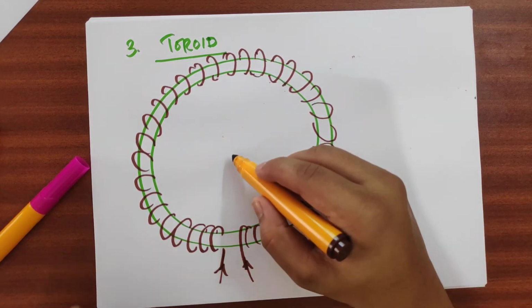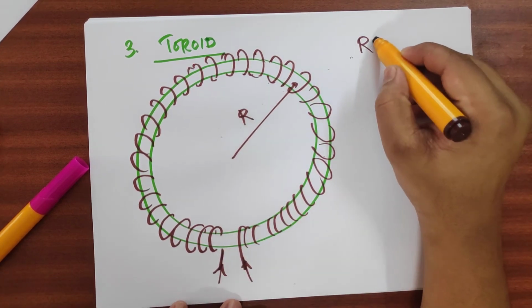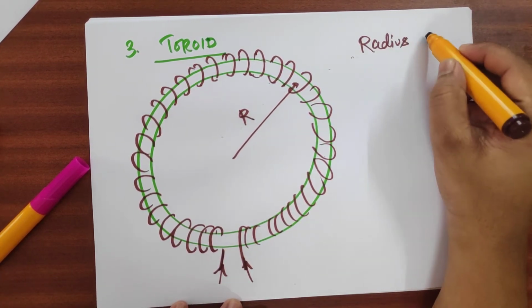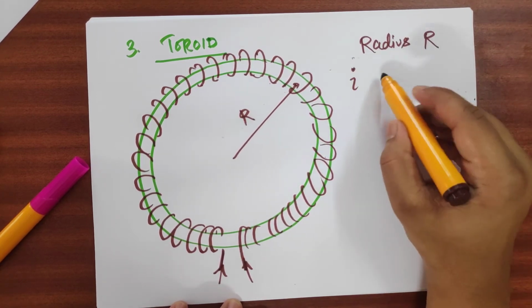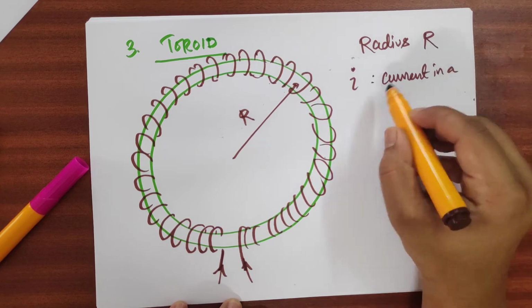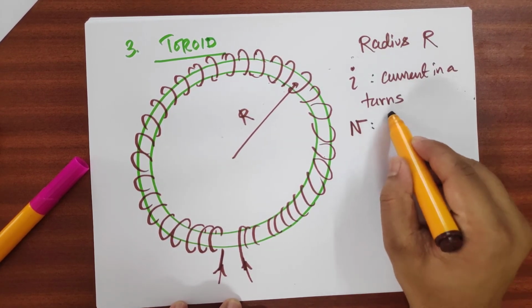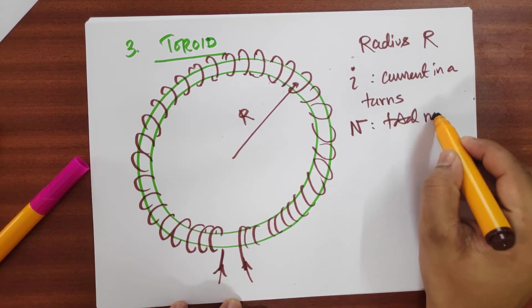That's a toroid, and this is the radius of the toroid, radius r, and I is the current in a turn, and this capital N is the total number of turns.